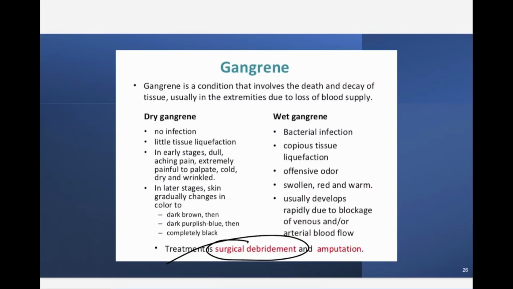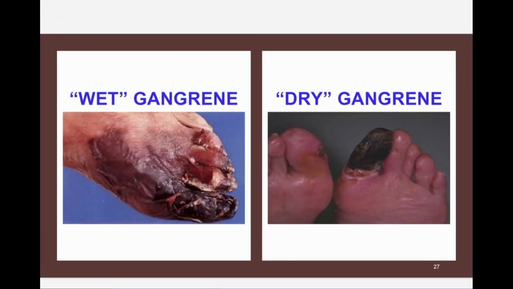So whether or not they have wet or dry doesn't matter, the treatment is the same. Your job as a clinician is to figure out why did they get gangrene. If it's a dry or a wet, what happened? What's the underlying cause?